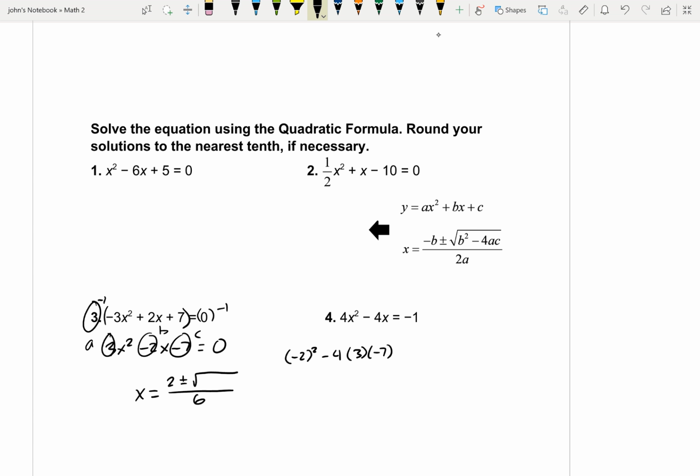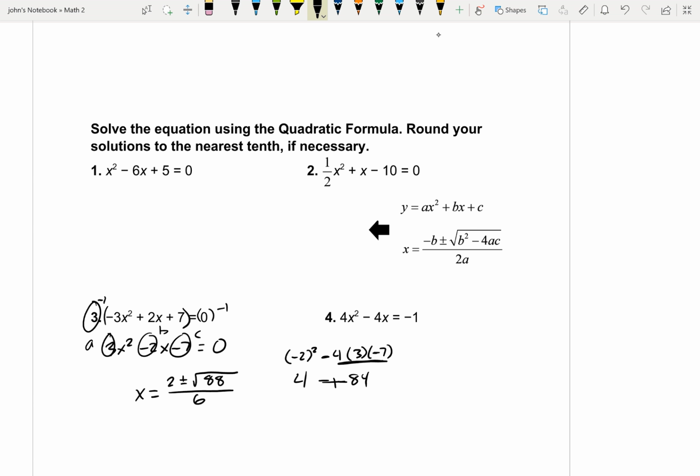You've got to be really careful with those signs. -2 squared is 4, minus 4 times, you got to multiply these together first. So 4 times 3 is 12, and 12 times -7 is -84. Well, if I have minus and -84, it ends up being a plus, right? That minus and that negative, when you multiply, ends up giving you a positive. We add that together, we get 88.